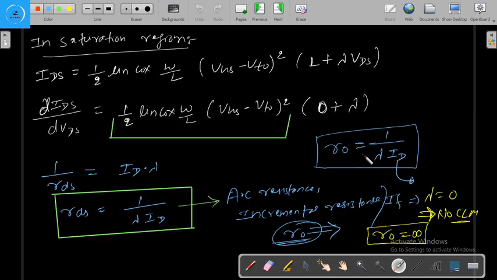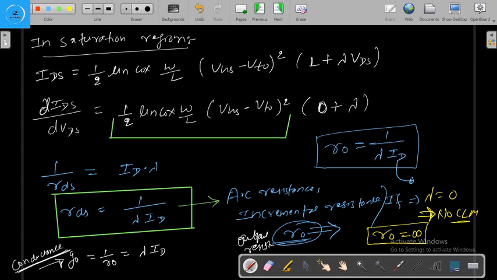Here we can say this is the AC resistance or incremental resistance or the output resistance, and g0 = 1/r0 = λ Id, where g0 is the conductance.